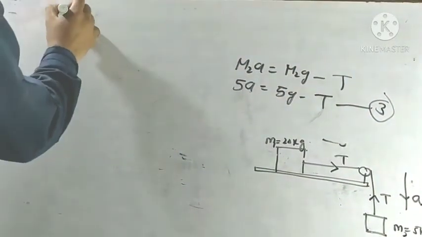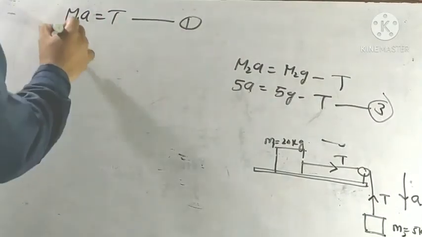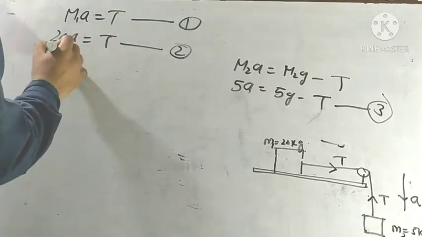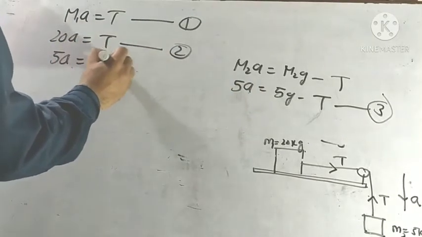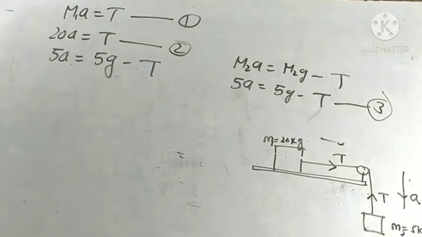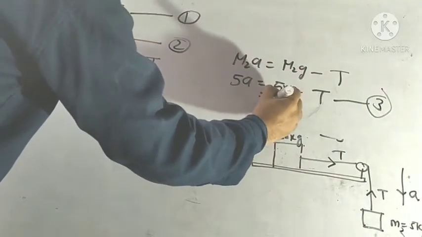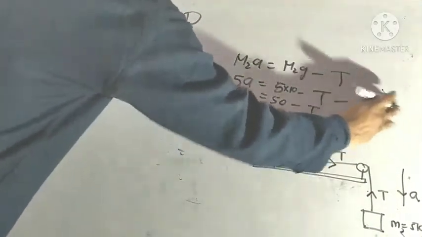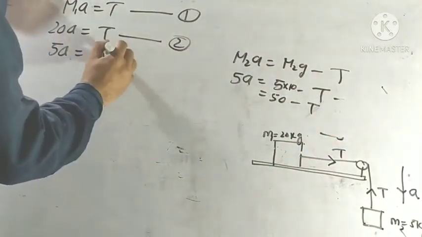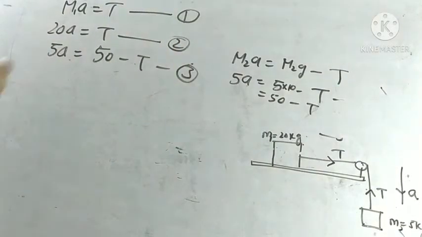Equation number 2: 20a is equal to T, and equation number 3: 5a is equal to 5g minus T. Putting the value of g as 10, it becomes 50 minus T.